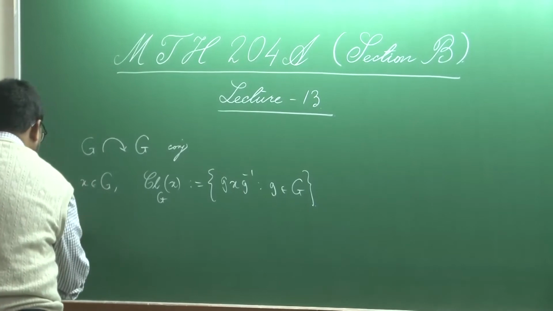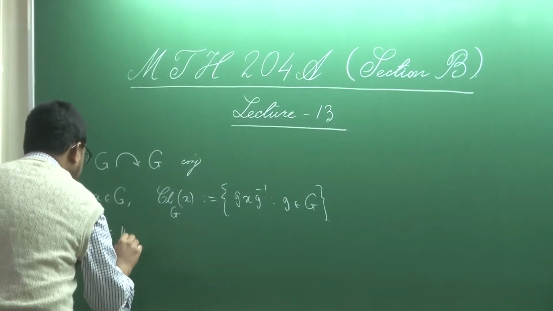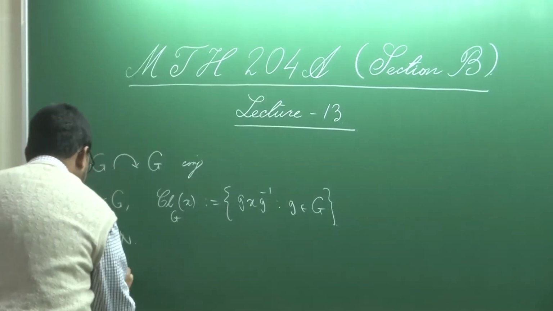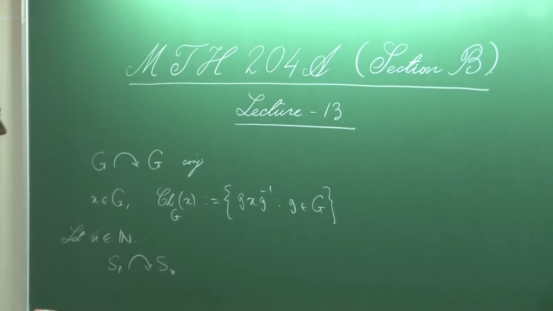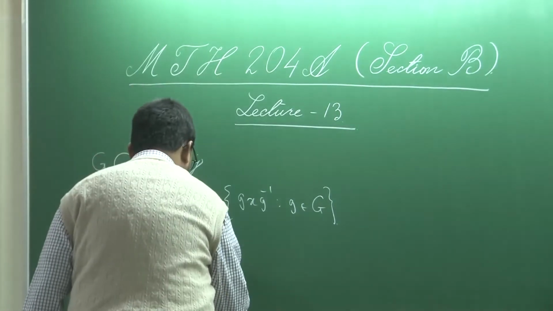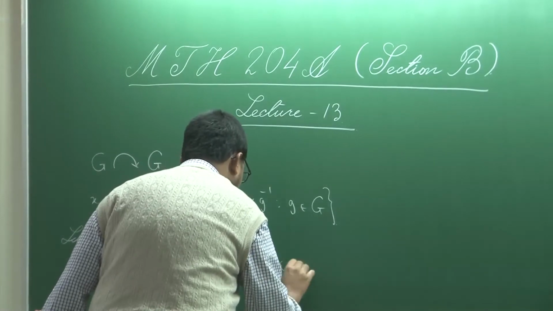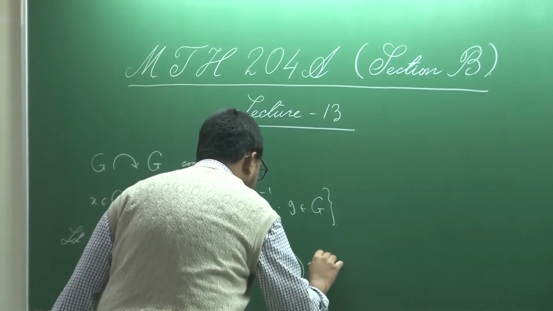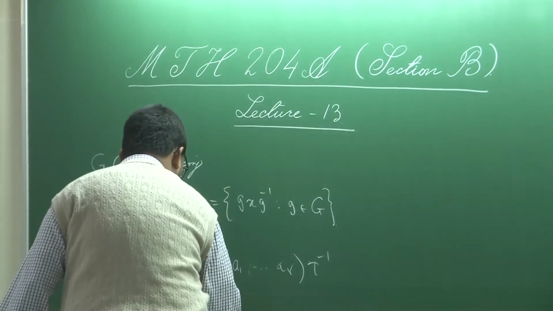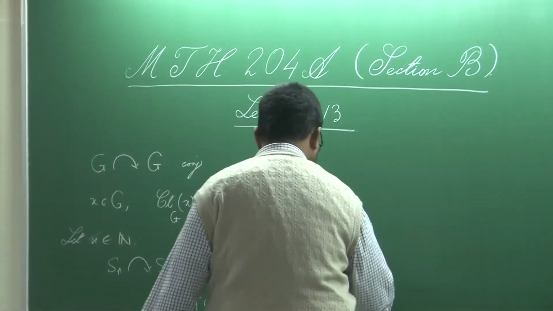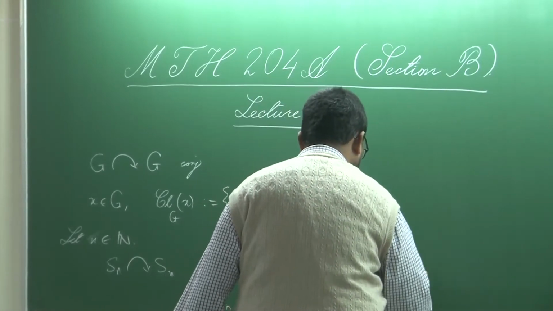So, let n be a natural number. We can consider the action of Sn on itself by conjugation. We have already observed that if a1 up to ar is an r-cycle, then for any tau belonging to Sn, tau (a1 ... ar) tau inverse is nothing but the following r-cycle.